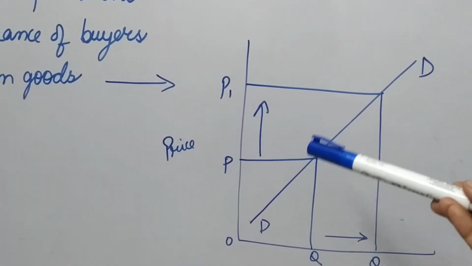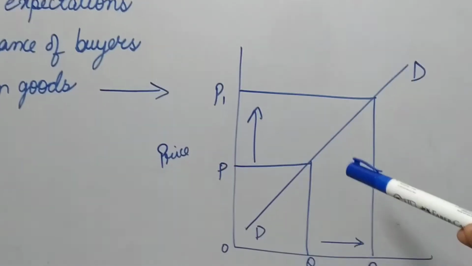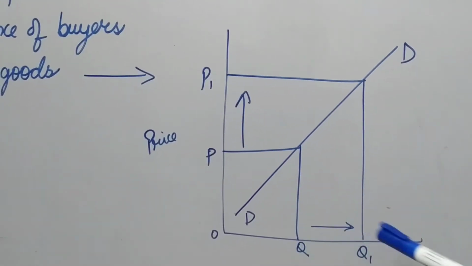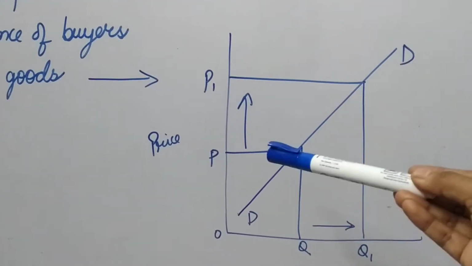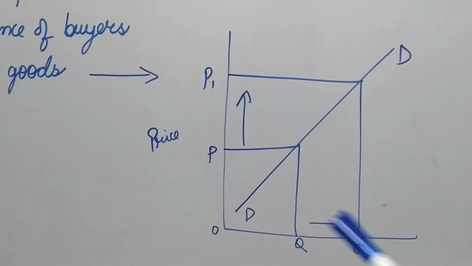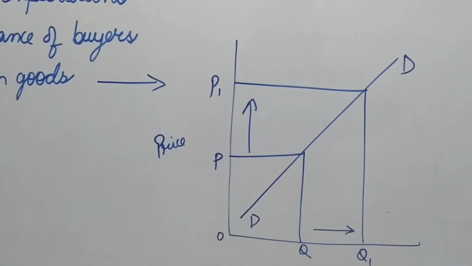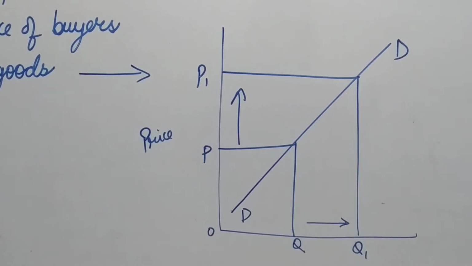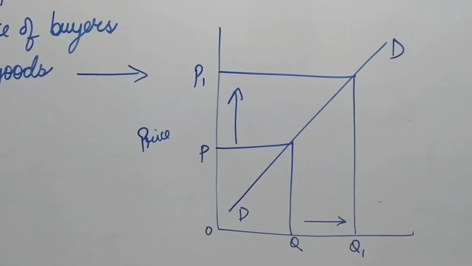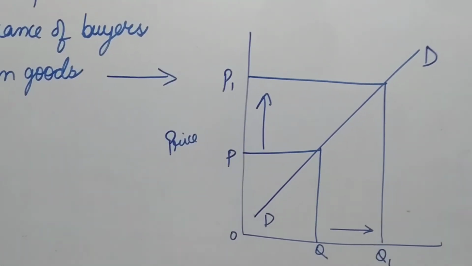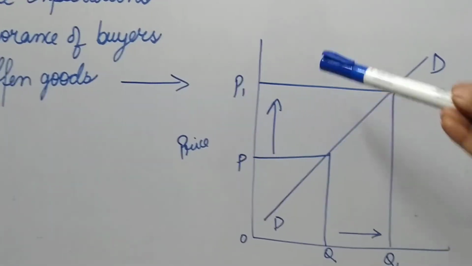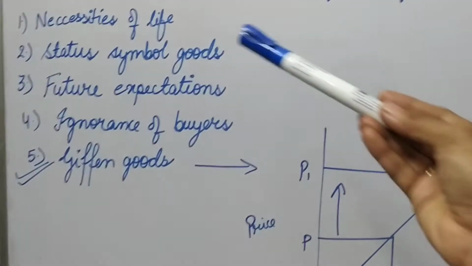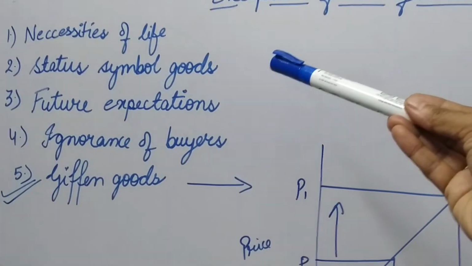Just to show their superiority and their living standard. If price is more, they will increase their consumption. If price reduces, they will reduce their quantity demanded, because now it is affordable for middle class people also. Examples are diamonds and carpets. So if price increases, they will increase the quantity demanded for status symbol goods.